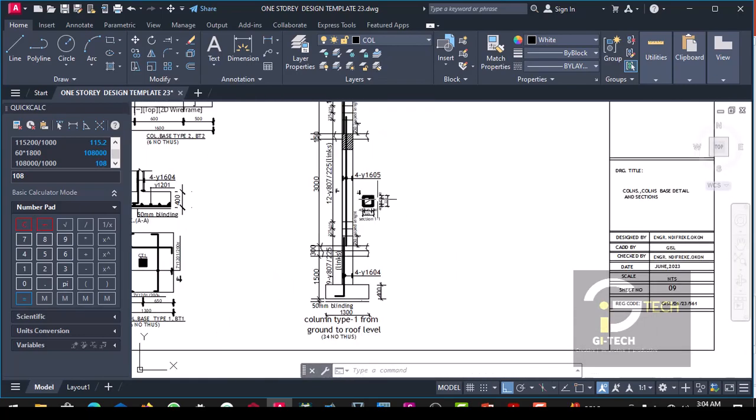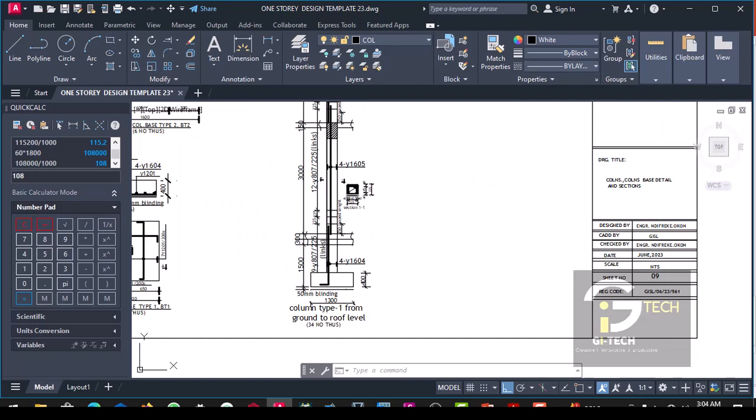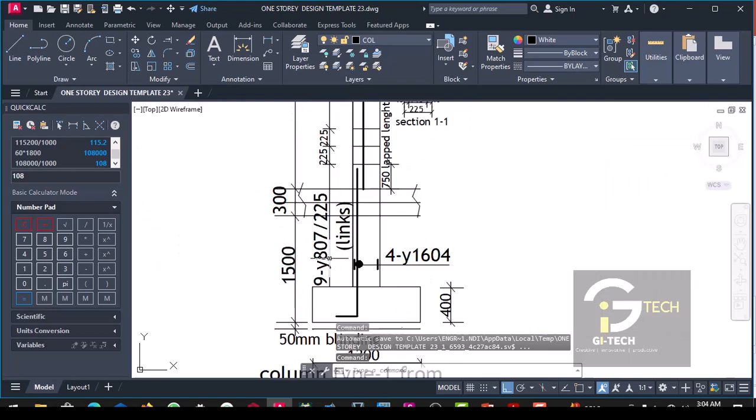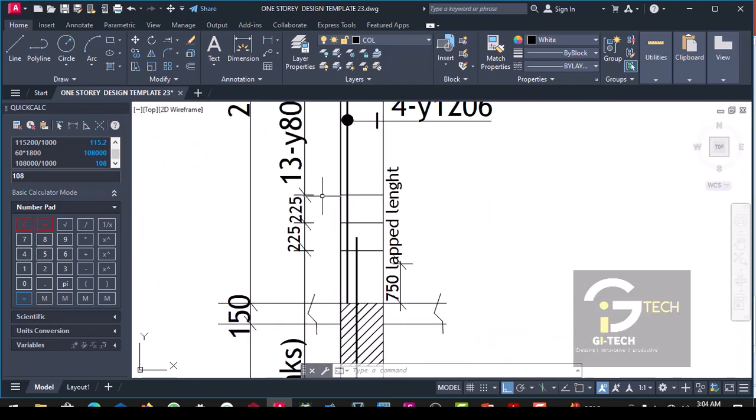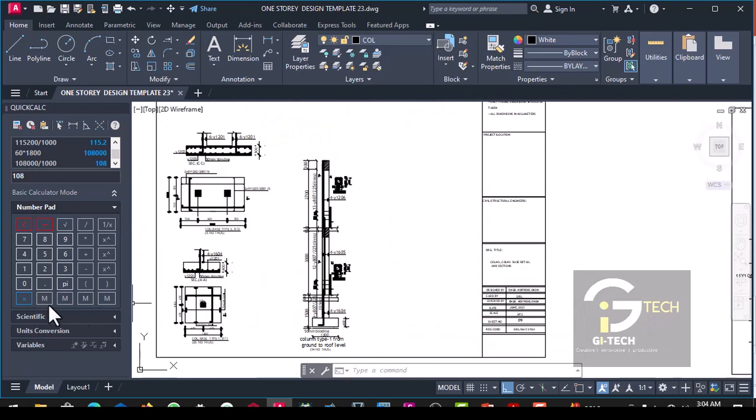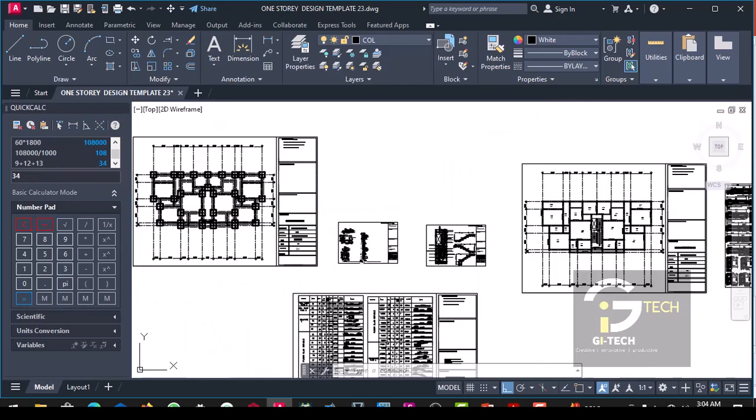Now since we are considering the stirrup, we are going to add up everything. So when you add 9 plus 12 plus 18, that will give us 34.